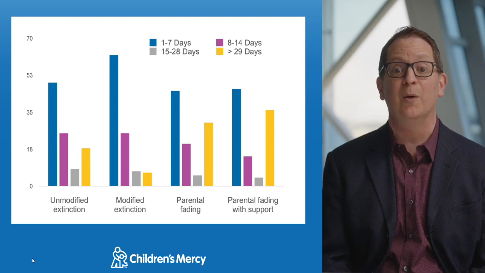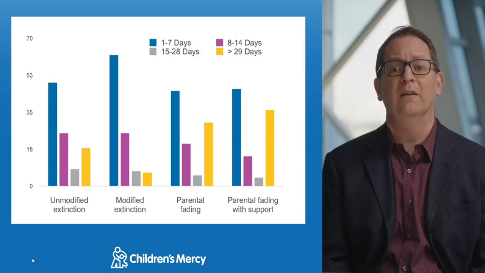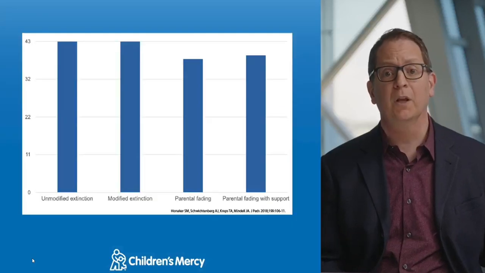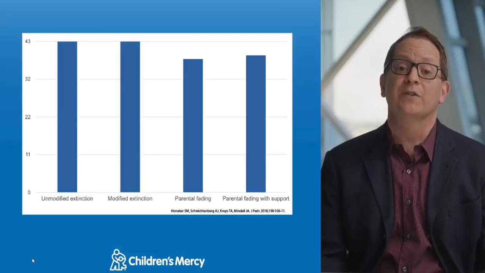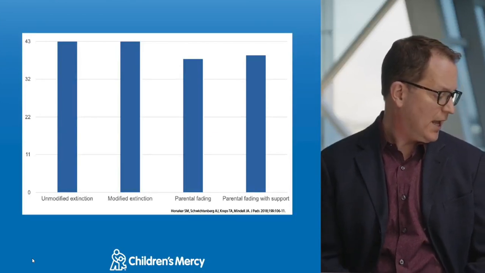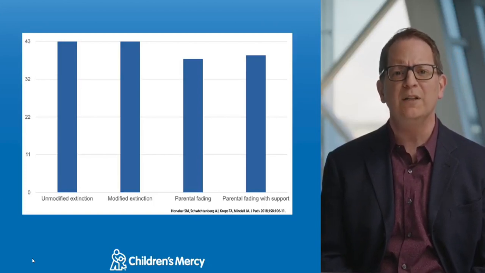Now there is variability, and you see that yellow column is over 30 days, and for some of the protocols, that definitely happened frequently. How much do they cry? This is a survey of the first night, and you can see that it is around the 40%.